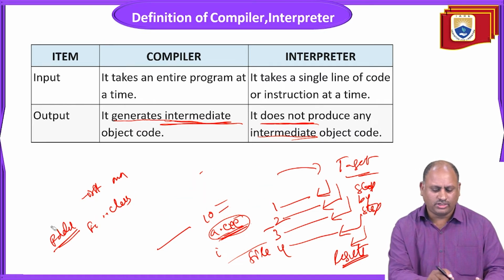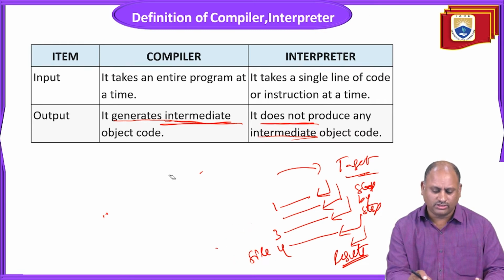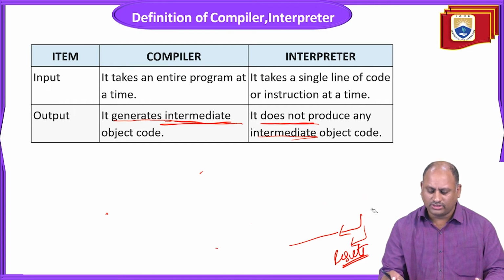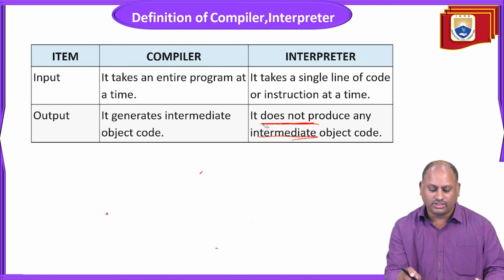So here are the two points. The first point is that the whole program at a time goes for execution, and then the execution gives the result to the user. Whereas in the case of an interpreter, instead of taking the entire program, it takes the program line by line and step by step, a sequence of statements going for execution.